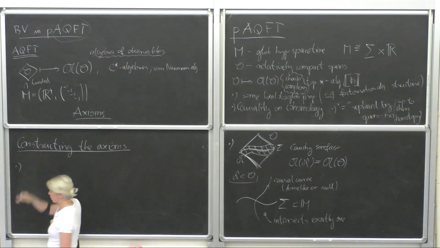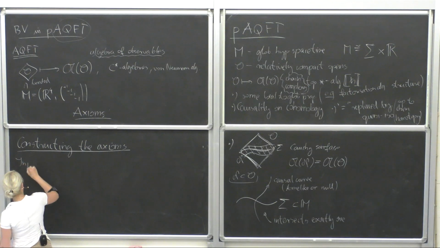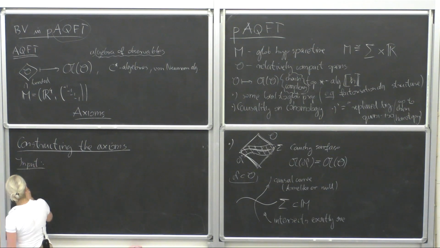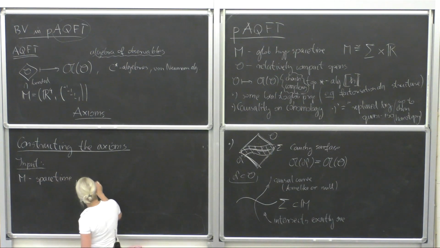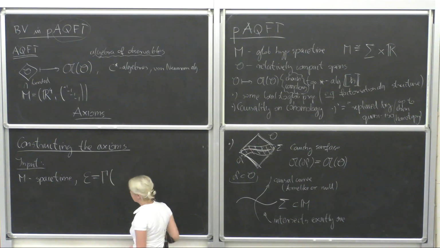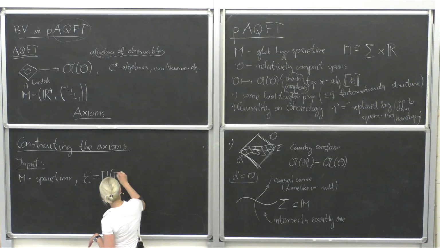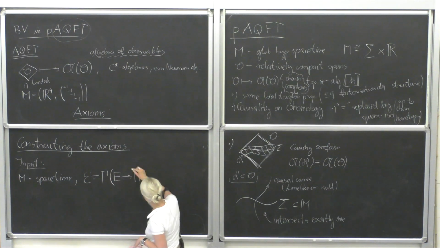So part of the input here is space-time. Then what fields did you order? For the sake of this talk, I'm only taking the orders for fields that are smooth sections of a vector bundle.